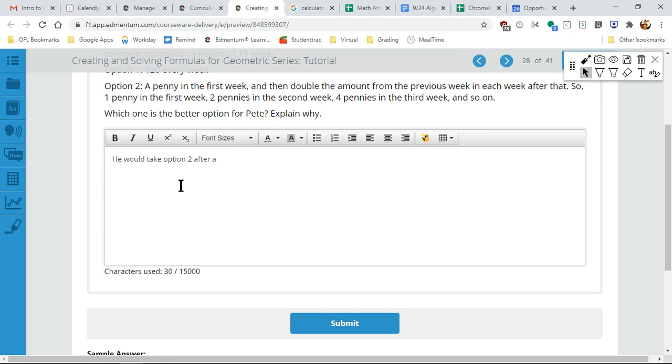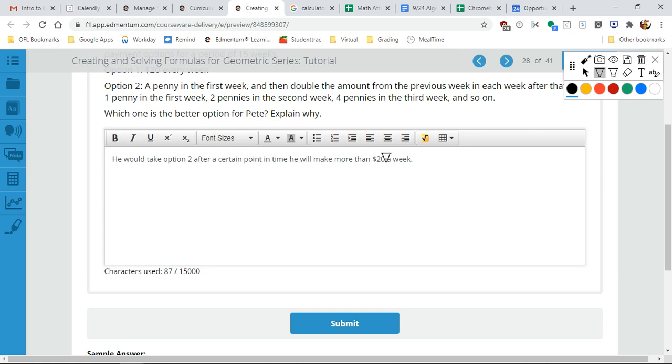After a certain point in time, he will make more than $20 a week. And I don't even think it takes that long, to be honest.